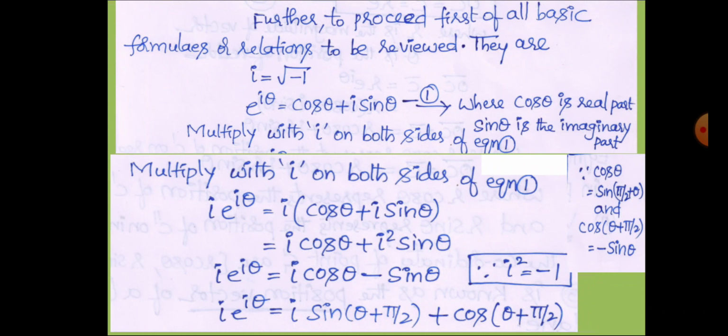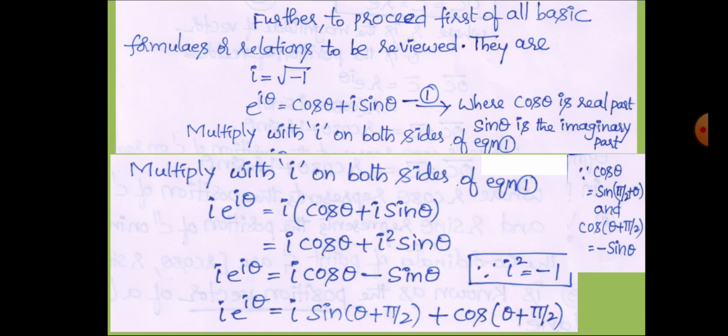So further, i into e power i theta is equal to i into cos theta, which can be written as sin of 90 plus theta. So sin of 90 plus theta is equal to cos theta, as you all know, and cos of 90 plus theta is equal to minus sin theta.